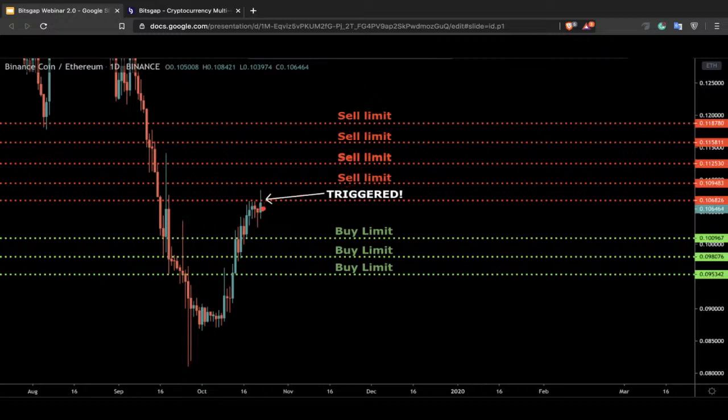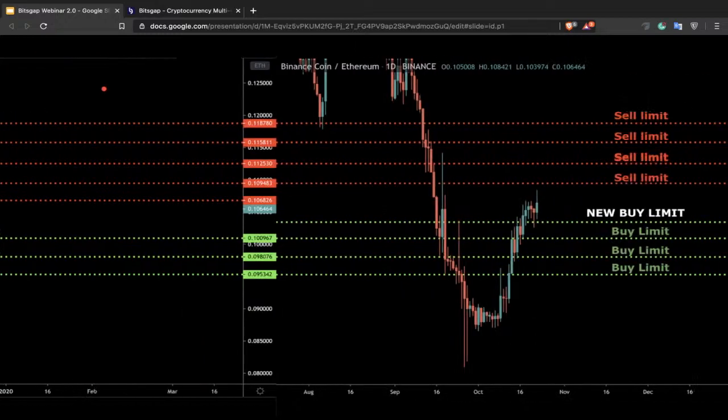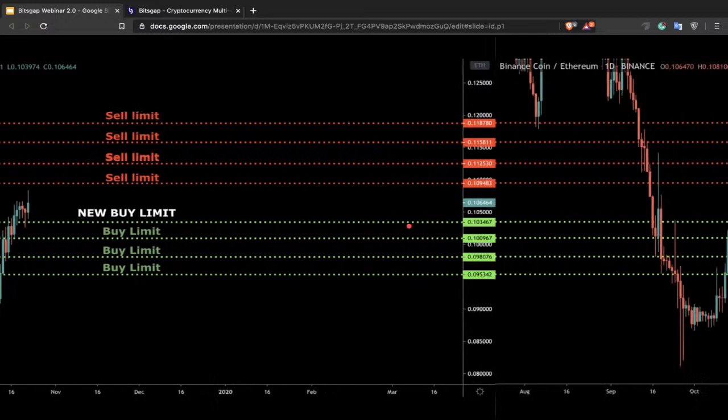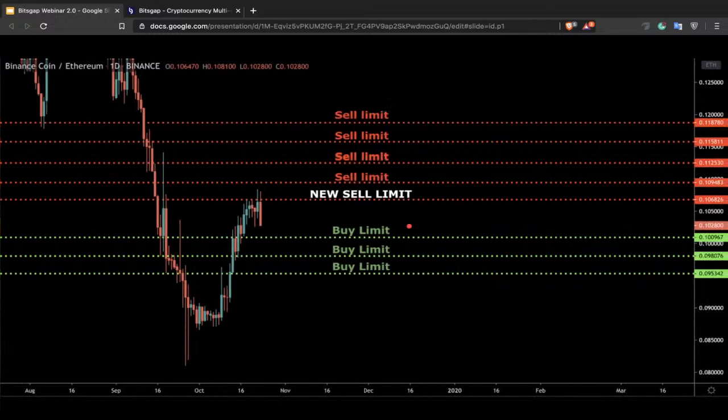So here we go. The price then later moved upwards, triggered the sell limit order. So in this case, it will execute the sell, so it will sell BNB and you will get your Ethereum. And then the system will automatically place a new buy limit order below that price, maintaining the grid spacing. As simple as that. So that can happen many times. And you saw that there were, in my example, 46 trades per hour.